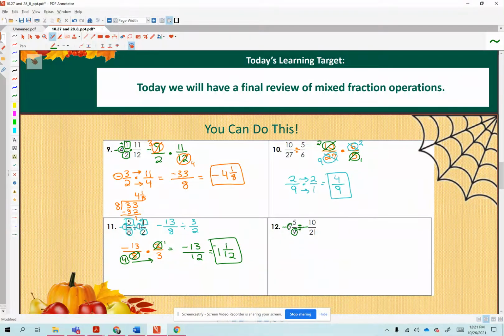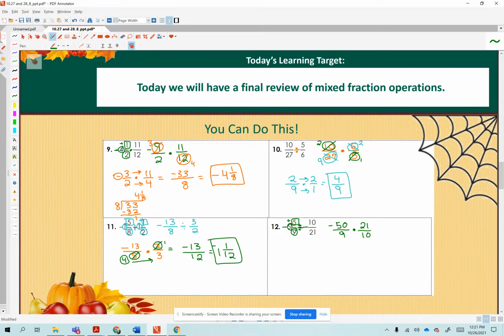So 9 times 5 is 45, plus the 5 in the numerator is 50 over 9. So that's a negative 50 with a denominator of 9. And then we will change the division to multiplication, and we will invert the second fraction as 21 over 10.